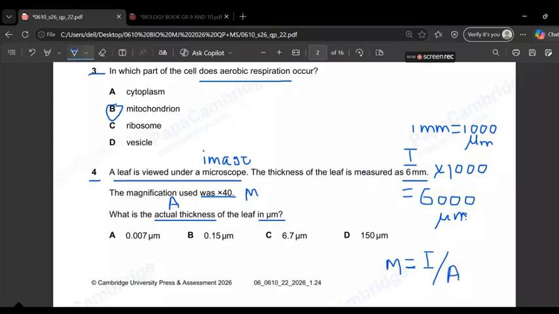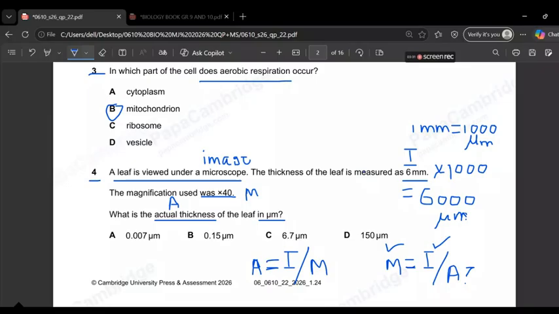But as you know that you have been given magnification, you have been given image size, you need to know the actual size. So if we modify the formula, it should be something like A, which is the actual size of the leaf, leaf thickness, is equal to image size divided by magnification.